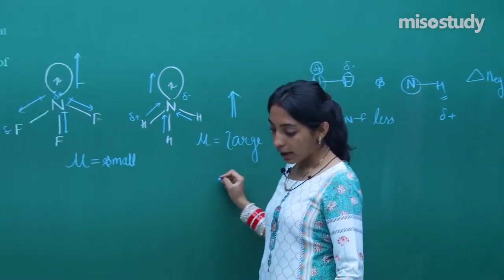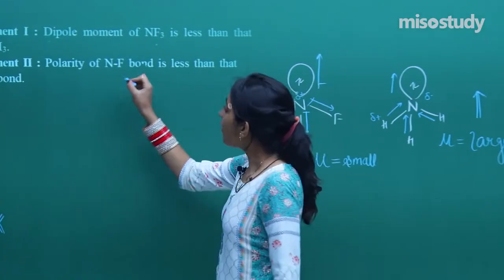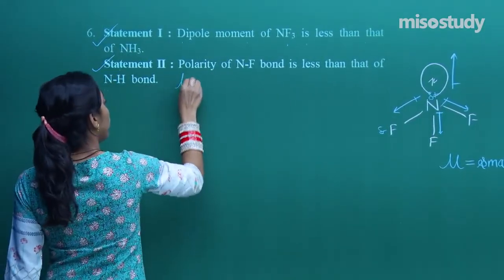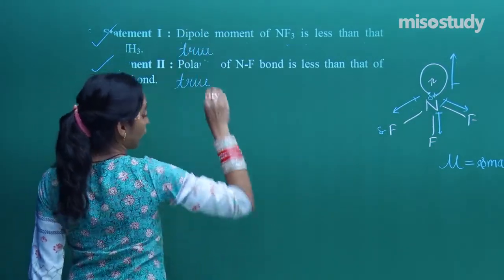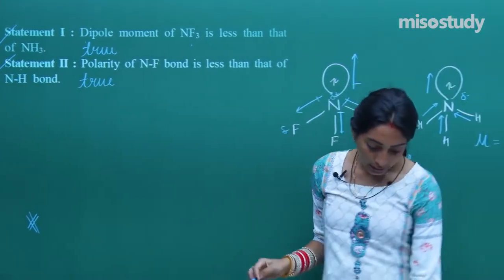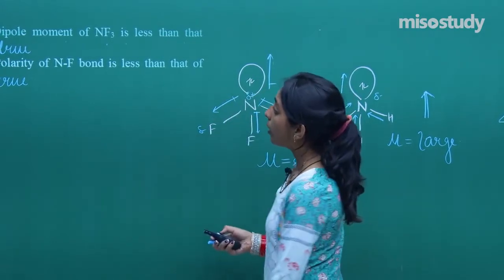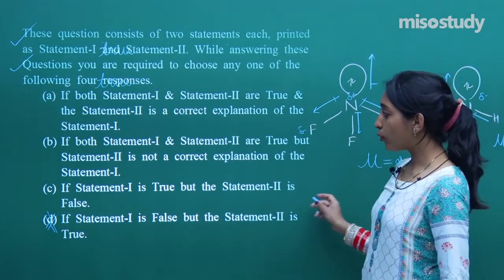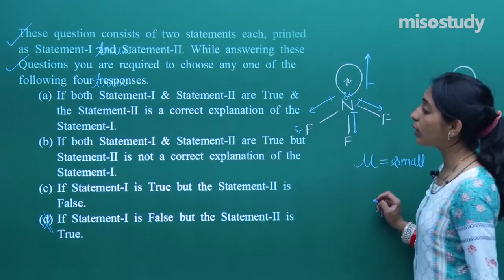Now let me read the question again. The question was, polarity of NF bond is less than that of NH bond. So statement 2 is also true, 1 is also true, okay. Now if I continue further, I can simply say, so if both statements are true and then it says that statement 1 is true but statement 2 is false.